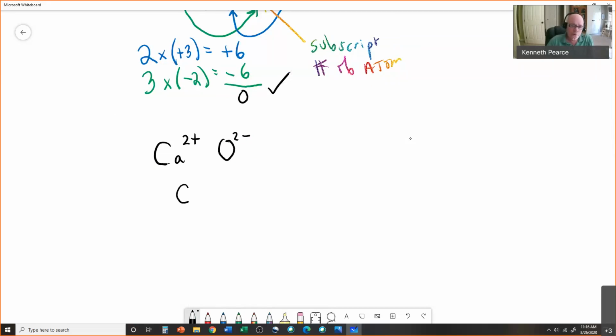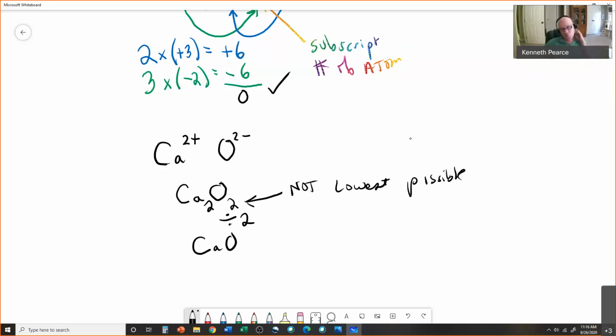If you did cross, you would have this, but these are not the lowest possible numbers, and we need the lowest possible. We can divide everybody by 2 to get the lowest possible whole numbers, and then we get calcium oxide. But the bottom line is if the charges are already equal, you just push them together. You don't want to cross the charges unless the charges are different.